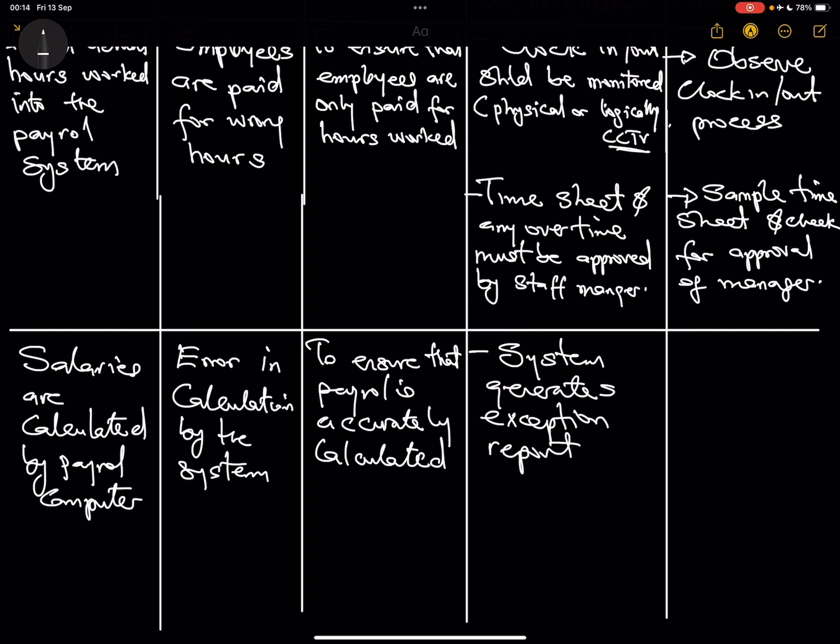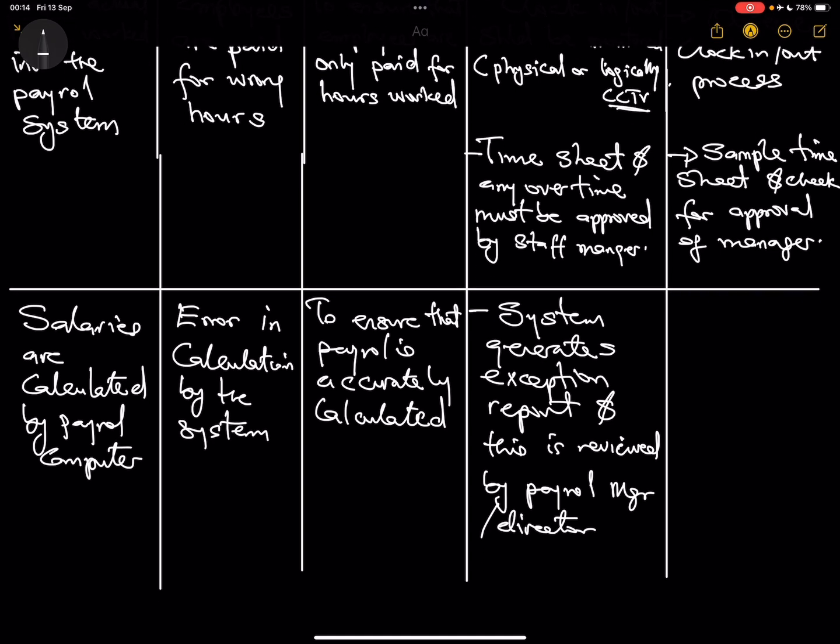and it doesn't end there. Generating the report doesn't add any value except it is reviewed. And this is reviewed by payroll manager, or a director. Usually, what director is doing, a manager can also do it. Depends on the size of the company, right?